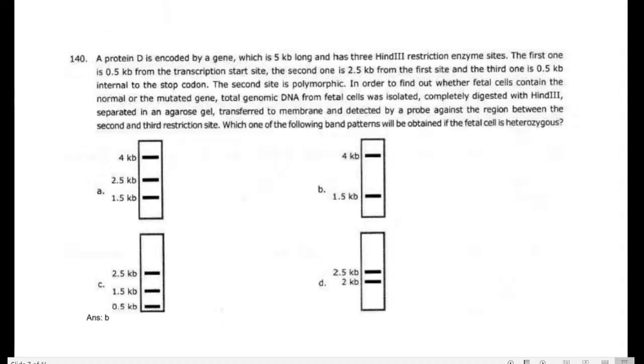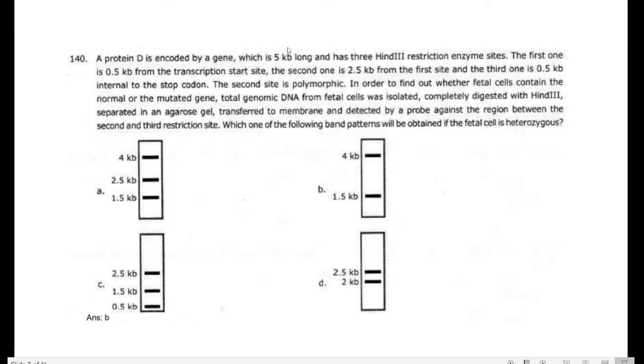Okay, next is this easiest method, easiest concept. Yesterday also we discussed this concept. A protein D is encoded by a gene which is 5 kb long and has 3 restriction enzyme sites.